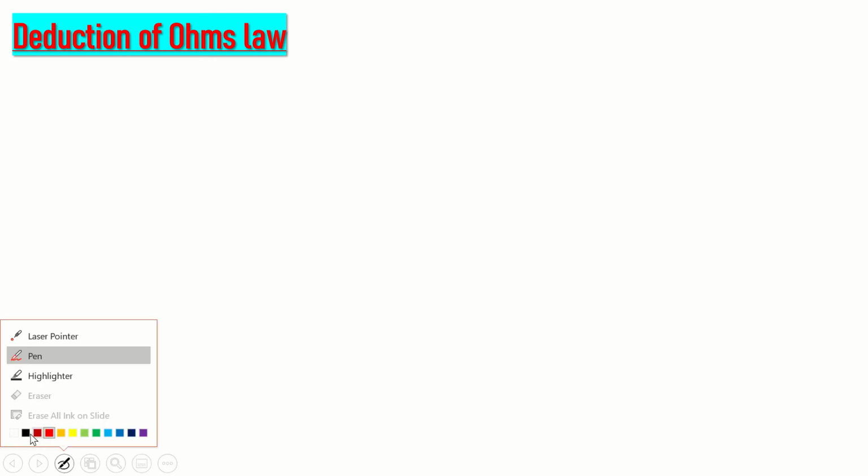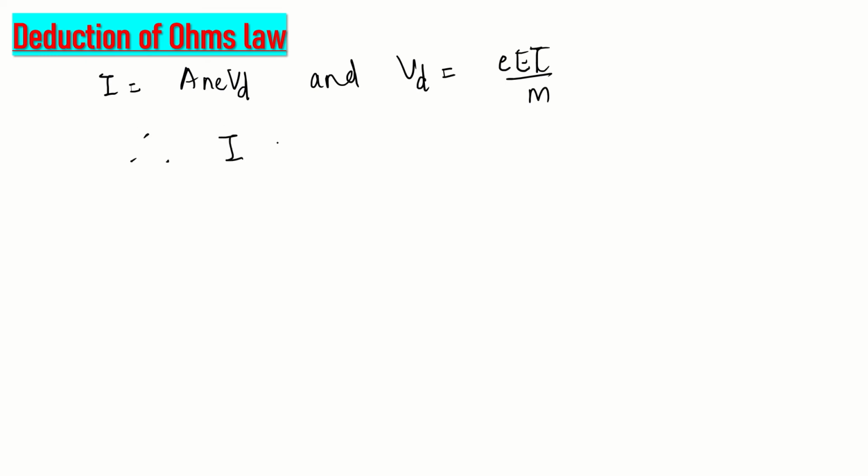So we know that I is equal to nAe vd, and we know that drift velocity vd is eEτ by m, right? Therefore, we can write I equals nAe, in place of vd I'll substitute this, eEτ by m.